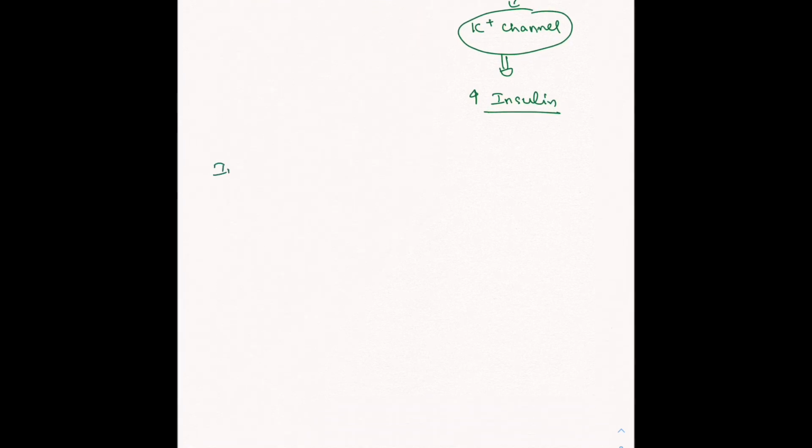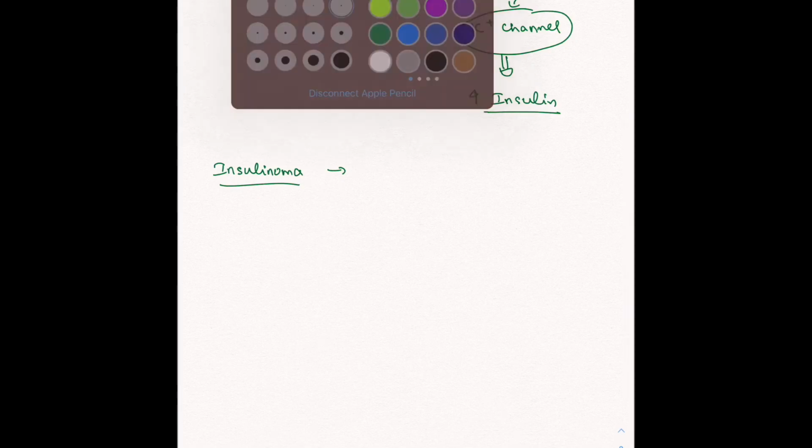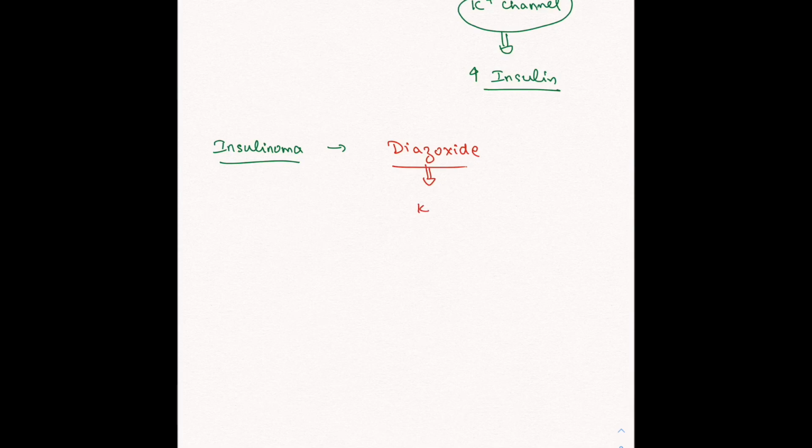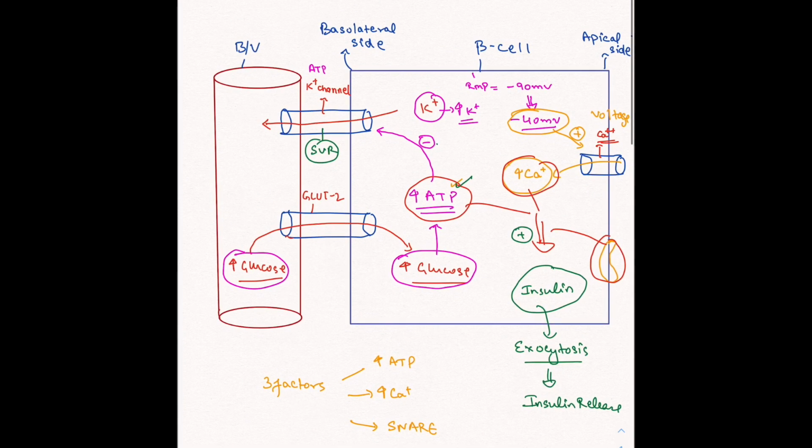The second condition is insulinoma. Insulinoma is a condition where there is excess insulin. For that we have a drug called diazoxide. It will stimulate or open the potassium channels. When the potassium channel opens, more potassium will be released into the blood vessels.